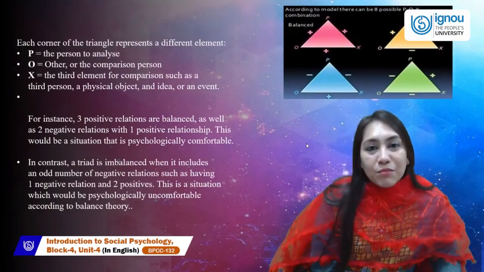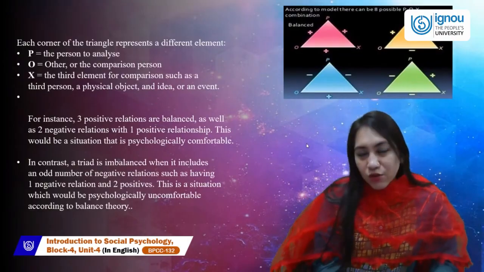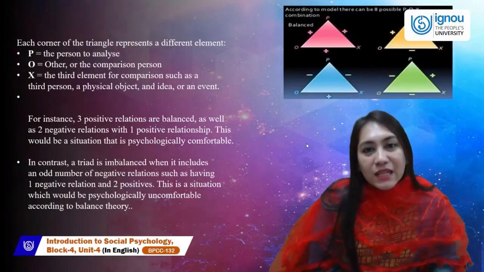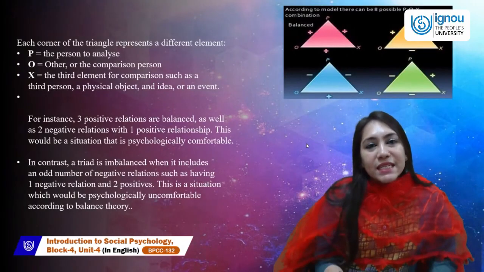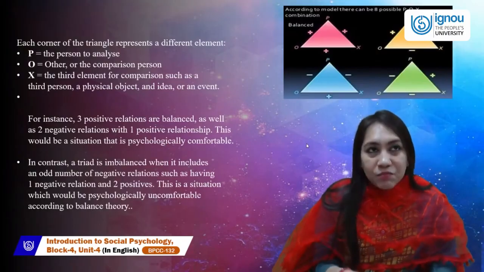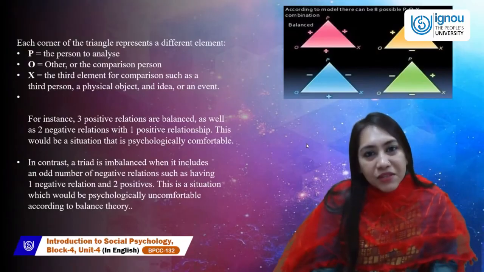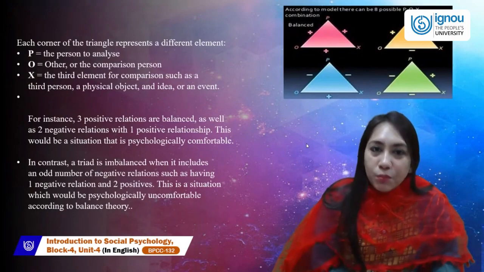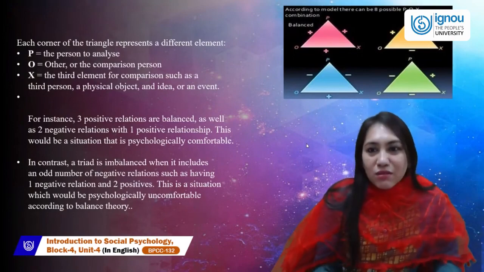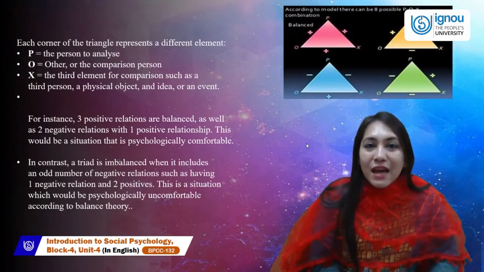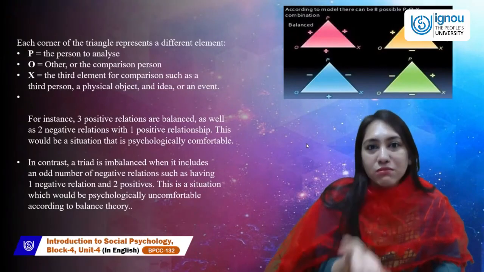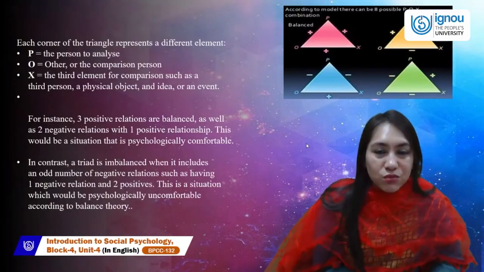Now let's give you an example of what is not balanced and how we make changes in that imbalanced situation. As I gave an example even before, I'll continue with the same thing. Let's take an example. P is a person who is getting their daughter married to the son of O. So P likes O, because that's obviously the reason you get the two married.